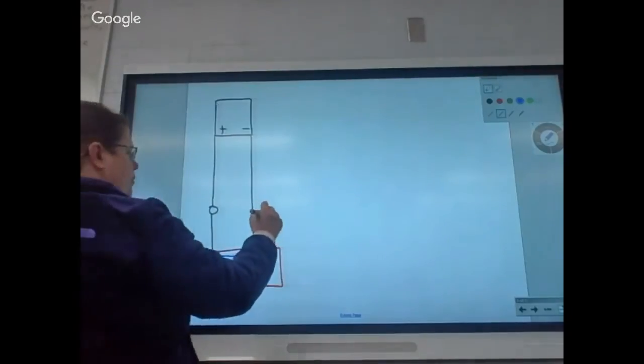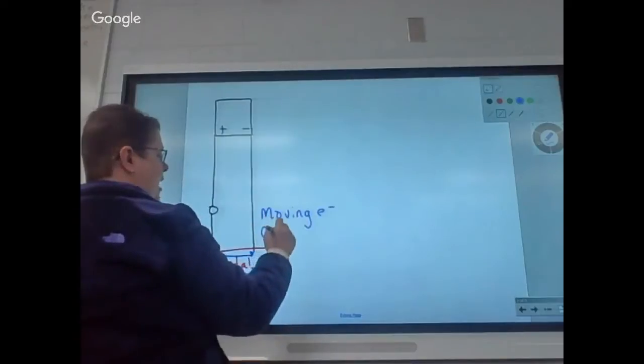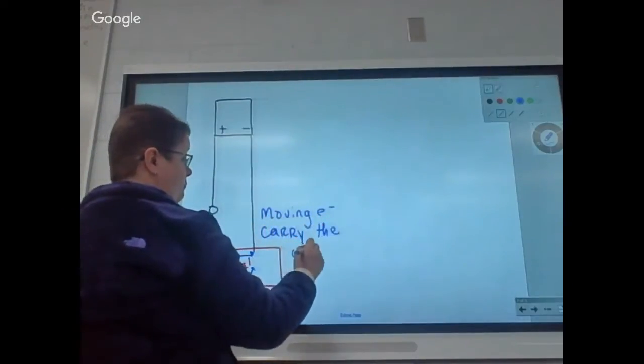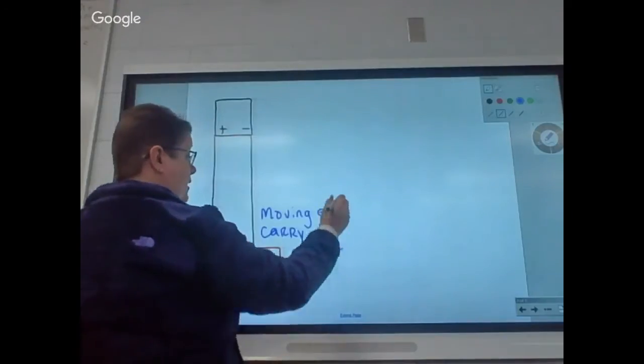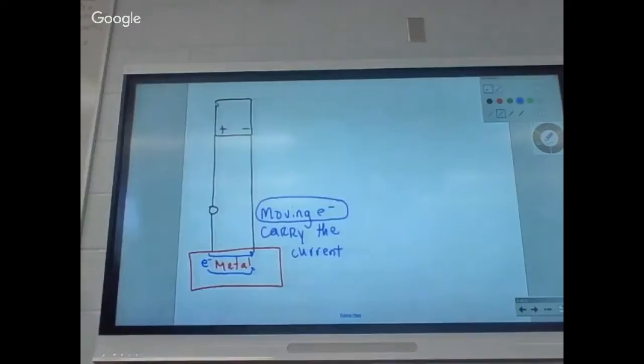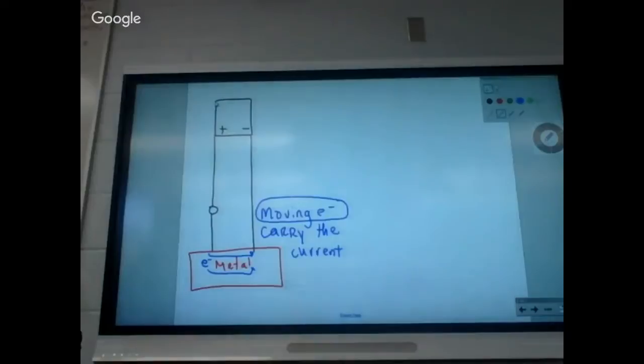Okay? So the moving electrons carry the current. Now, this is huge in understanding why ionic bonds and covalent bonds do not carry electricity and will not conduct. Okay? So, in a minute, when I ask why ionic and covalent bonds do not conduct electricity, what's the answer?